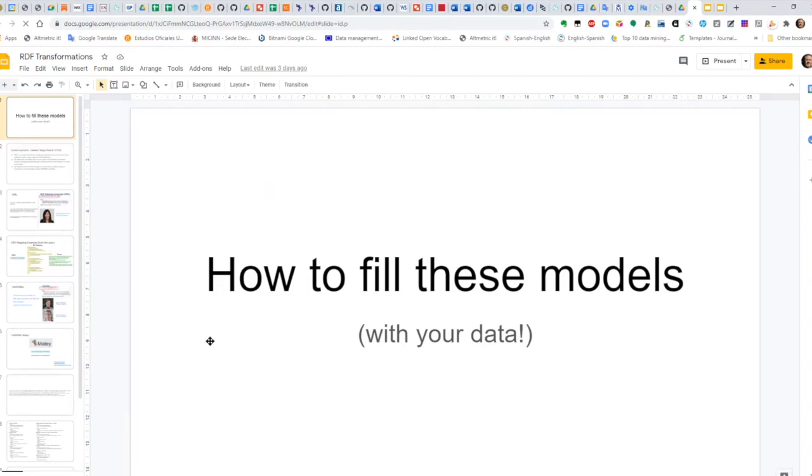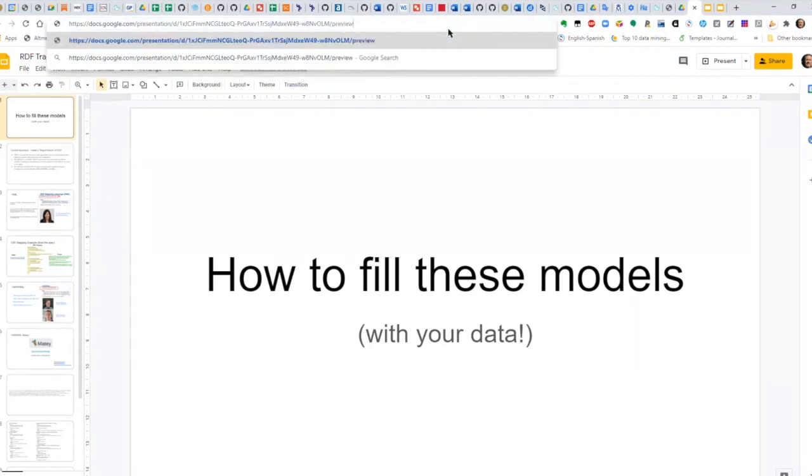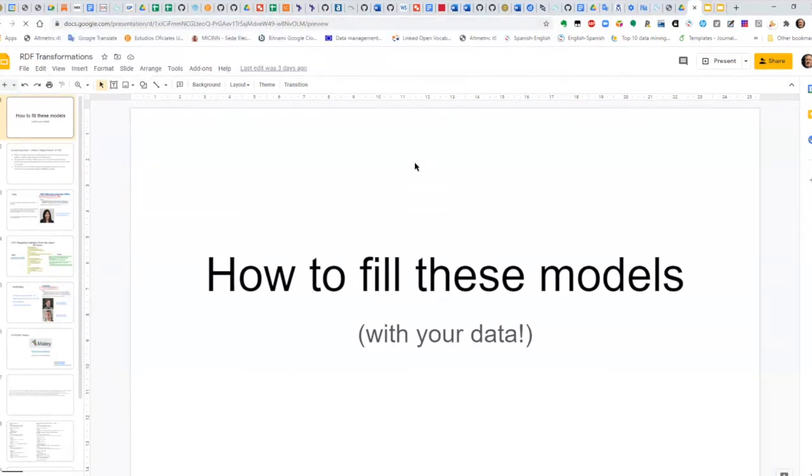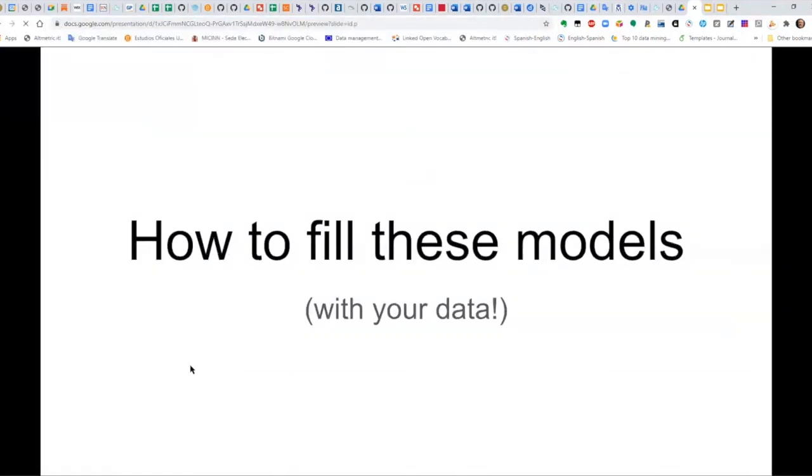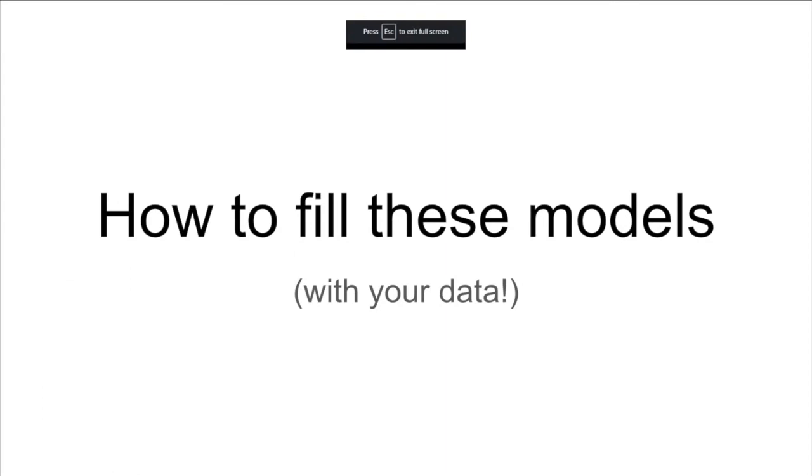So let me show you how, at the moment, we think we're going to do it. So again, I'll go into preview mode. Okay, so how are we going to fill these models with your data?